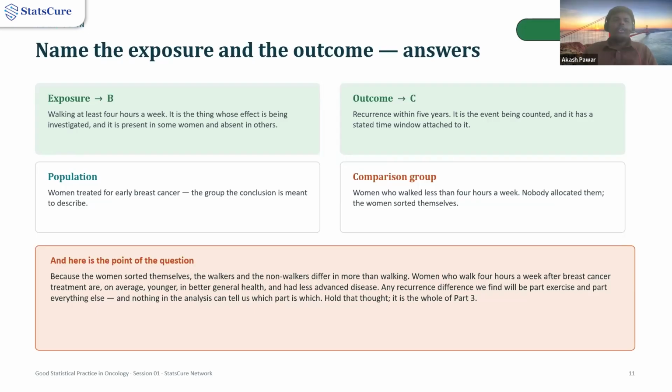The population was women treated for early breast cancer, the group to which the conclusion is meant to apply. The comparison group here was women who walked less than 4 hours a week, compared to women who walk more than 4 hours a week, and they did a comparison of whether recurrence is more or not. You can consider recurrence as yes or no for now, and we can just talk about it in percentage.